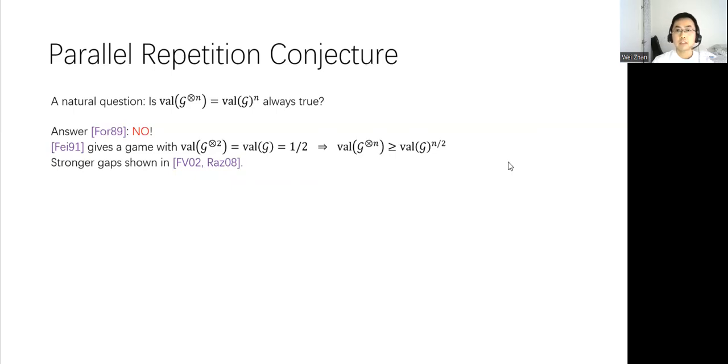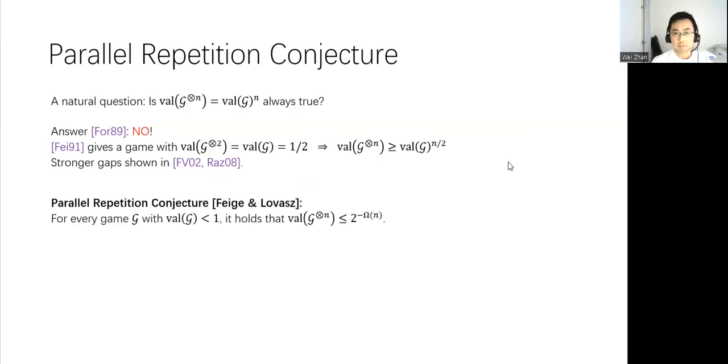Then Feige actually gives a game such that when repeated twice, its value does not change. This shows that the n-fold parallel repetition value can be exponentially larger than the original value to the nth power. And there are even stronger gaps shown later on by Feige and Verbitsky and Raz.